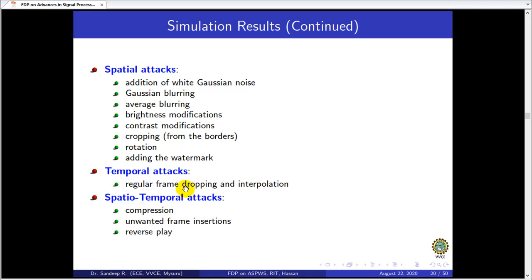In temporal attacks, regular frame dropping and interpolation. Spatio-temporal attacks include compression, unwanted frame insertions, and reverse play. If you observe, we have considered both content preserving operations and content changing operations. Content changing operations could be the unwanted frame insertion.